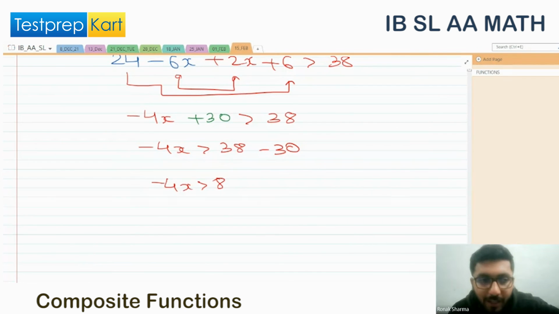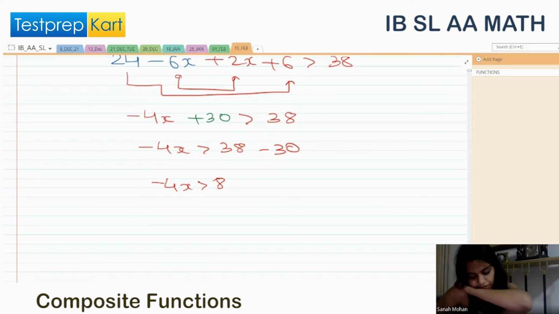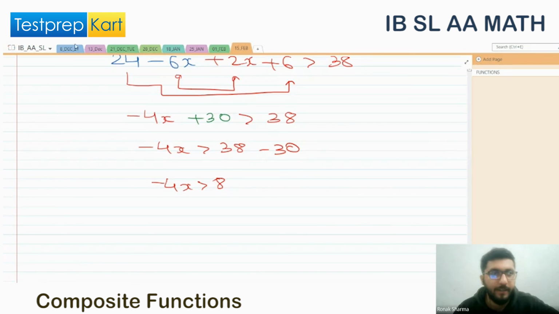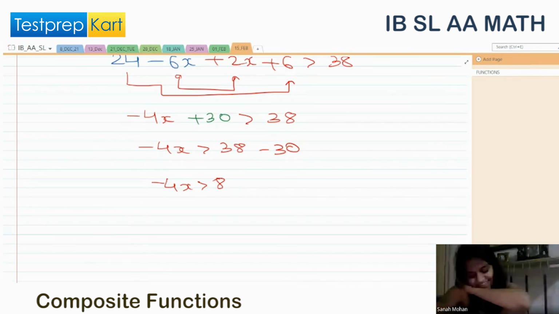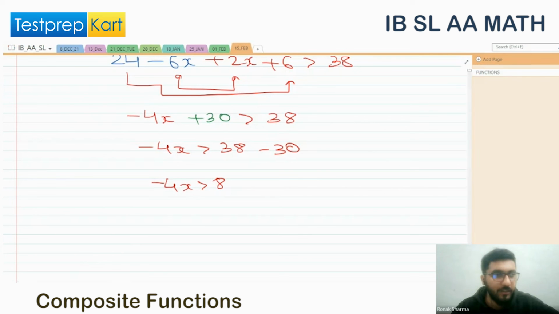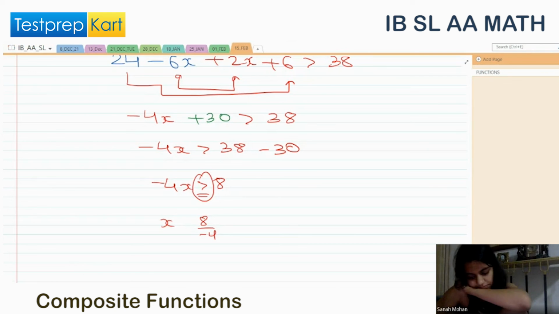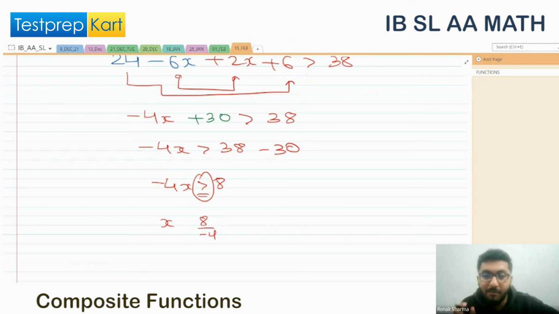You're going to divide with minus 4 on the right hand side, to calculate the value of x. So I'll do 8 by minus 4. So should I keep having this sign or should I change it? You should change it. Why? Because we are dividing by a number which is negative.